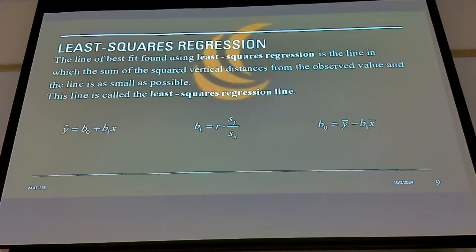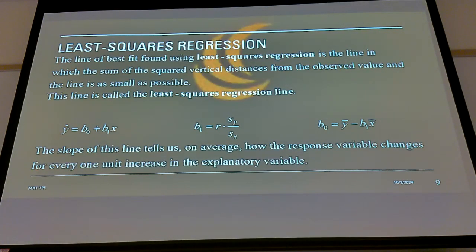Once again, we will not be actually doing that by hand. Slope tells us on average how the response variable changes for every 1 unit increase in the explanatory.